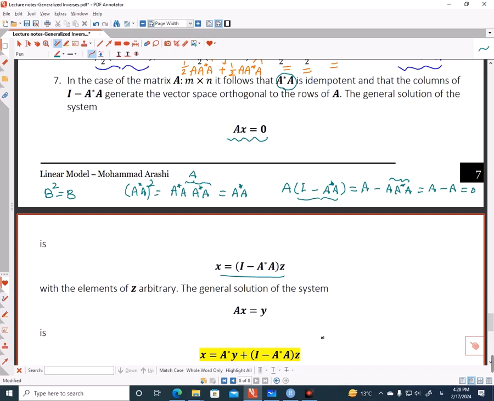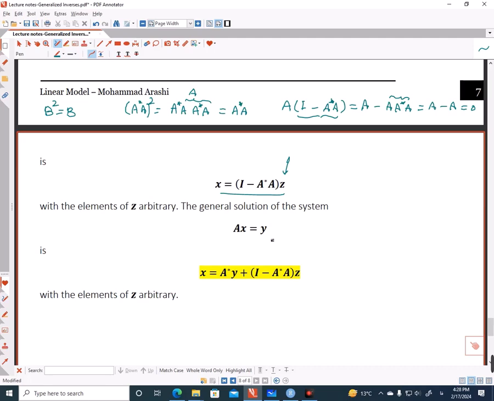This is an important fact, and it comes actually from the generalized inverse of this guy. So here we showed that it is equal to 0, and from being 0, I can write x as this formula. And this z can be any arbitrary element.